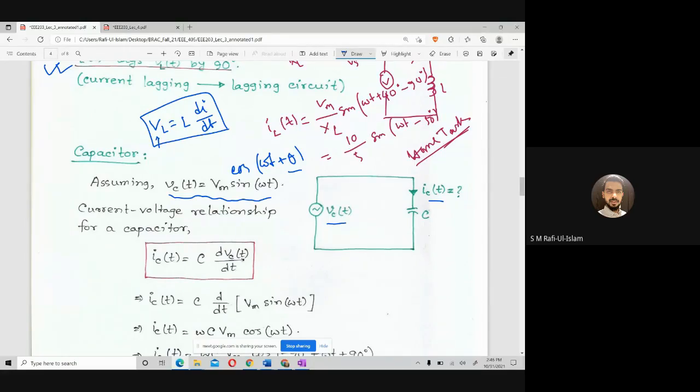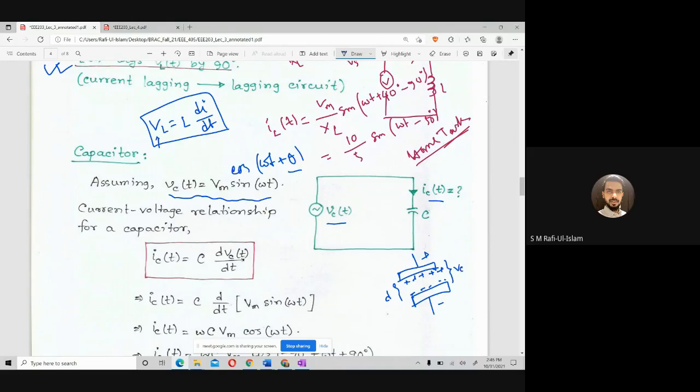But for the capacitor, things are completely different, because a parallel plate capacitor is like this. So this is plus, minus, something like this. We have positive charge here and negative charge here. So in a capacitor, the thing that changes is voltage.